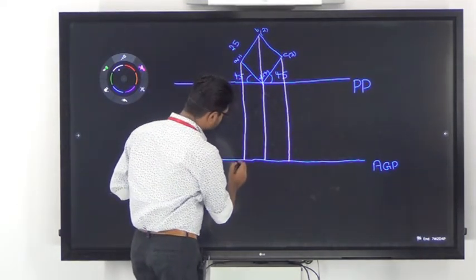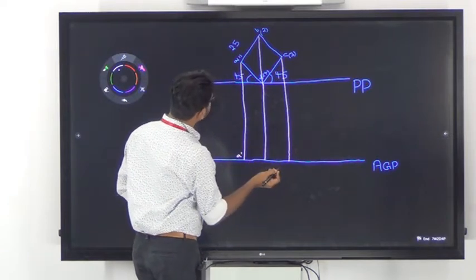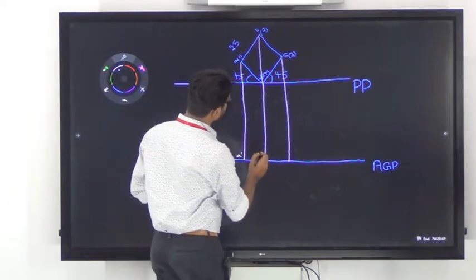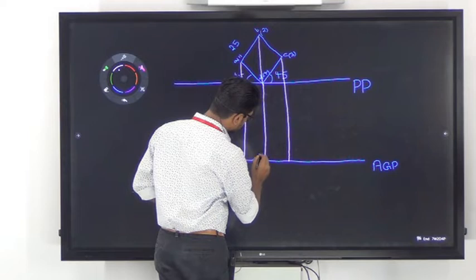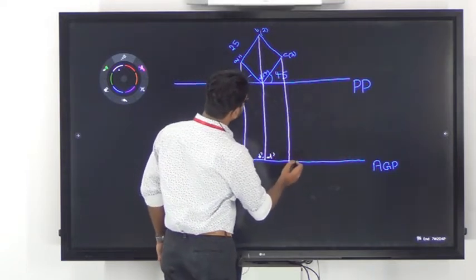So this is the point A dash, and this is the point B dash and D dash, and this is the point C dash.